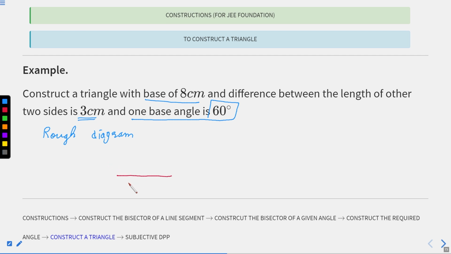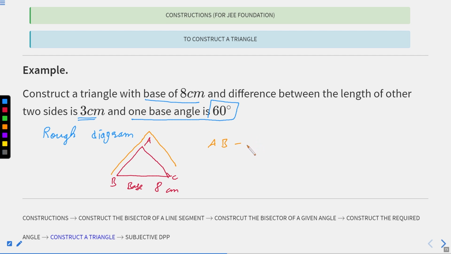So we are given a base of 8 centimeters. Let me make a triangle with sides BC as base, and AB and AC as the other two sides, and the difference we are given as AB minus AC.